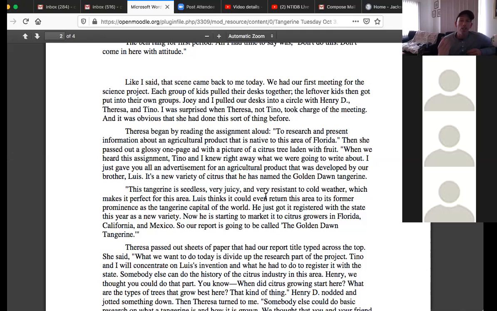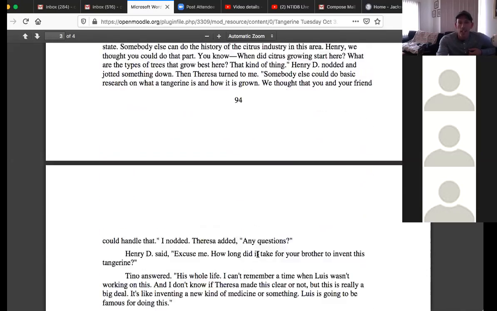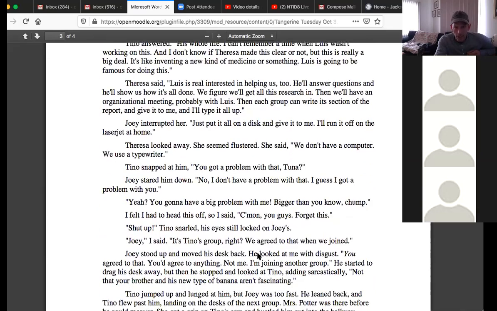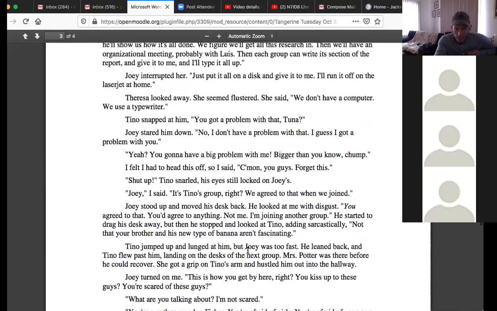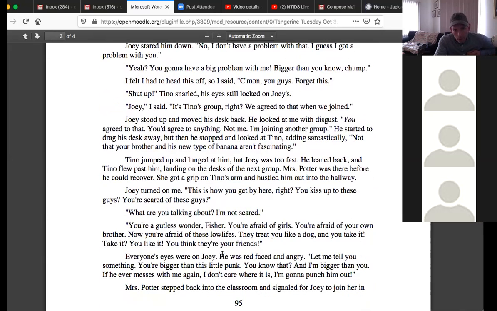So Paul's doing his research in his group with Lewis and them on this tangerine tree that Lewis has invented, and they divide up the assignment. Joey gets into it with both Paul and I believe it's Victor. Let's jump down the chapter here. That's what I get for not reading it right before class. I read it last Friday, and now I'm like, oh, what happened first?